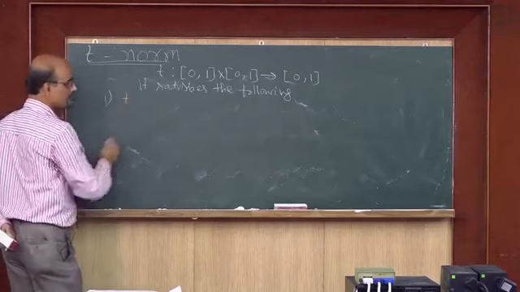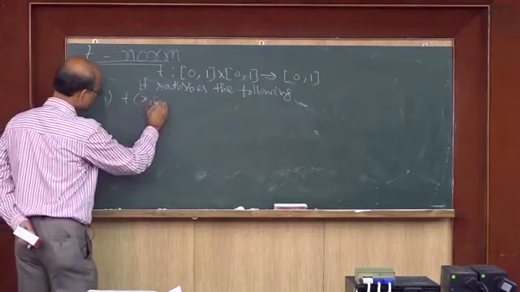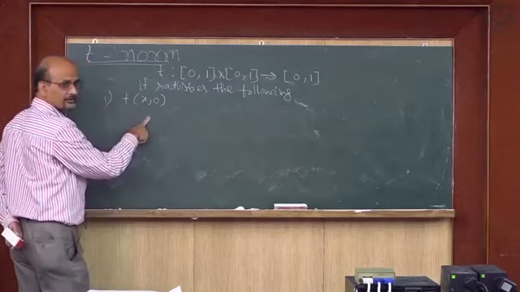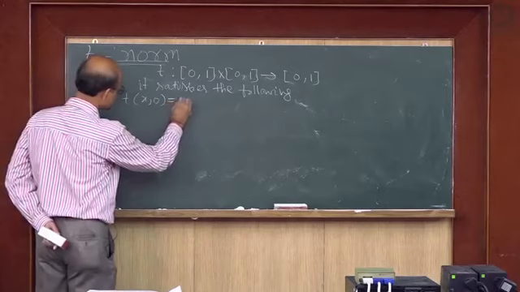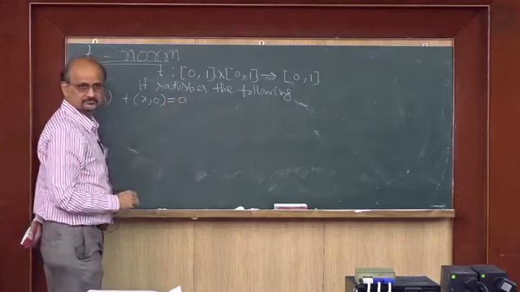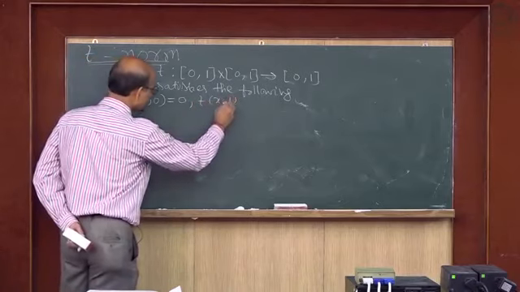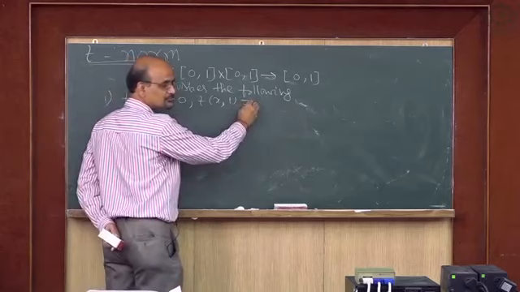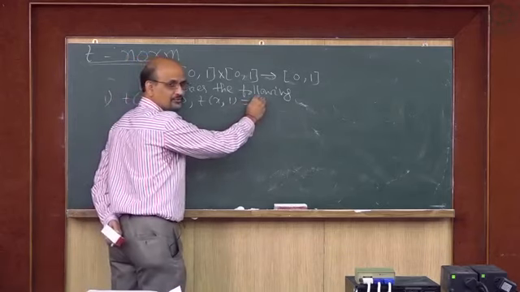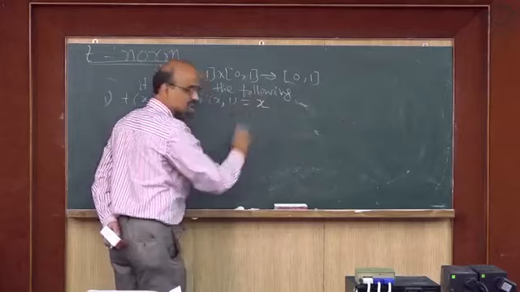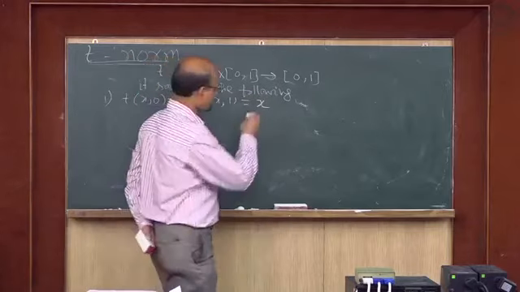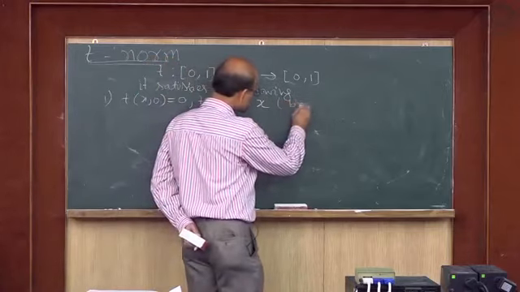First one, t of x 0 is 0, t of x 1 should be x. I will explain why. Okay? So this is your boundary condition.